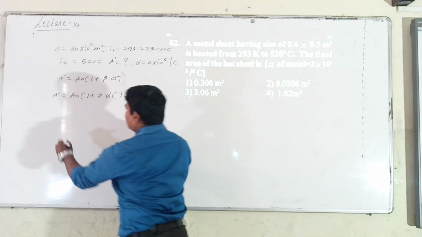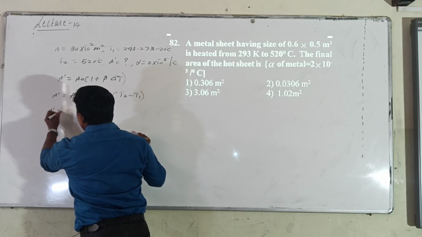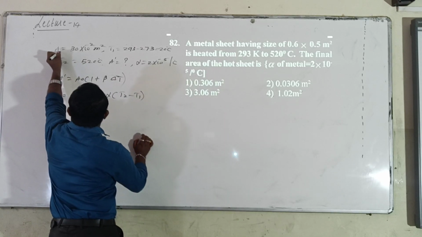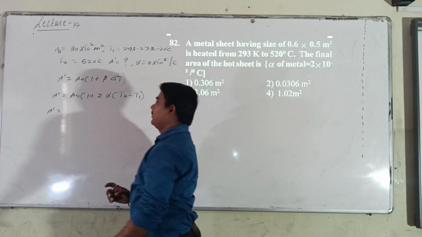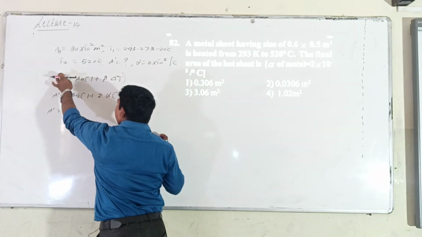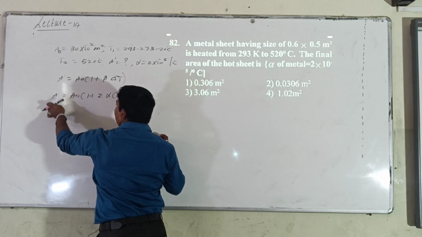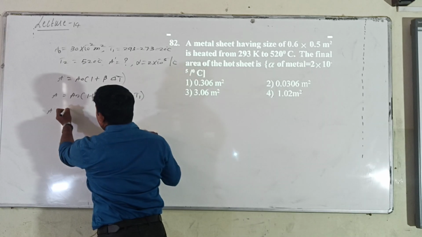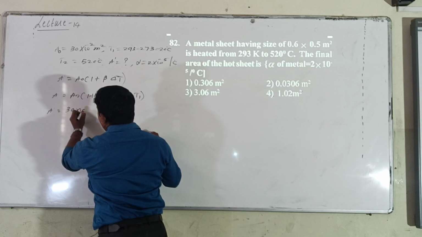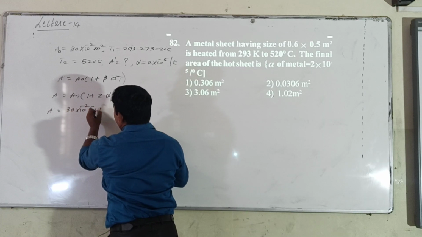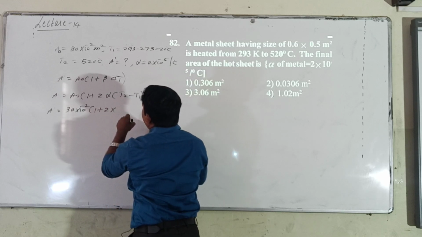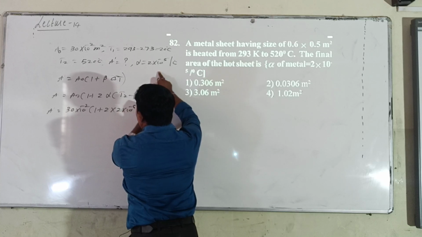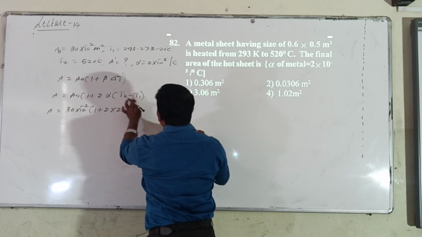Final area A dash, the A naught value is already given: 30 into 10 raised to minus 2 into bracket 1 plus 2 into alpha. Alpha value is 2 into 10 raised to minus 5, times T2 minus T1.